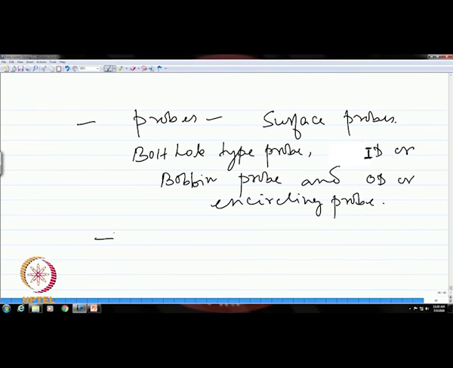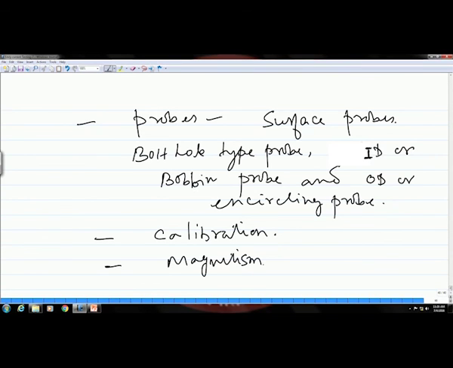We also learned about the calibration of the eddy current probes and the instrument, and finally, we saw the effects of some of the parameters, and magnetism is one of them, which has a very profound effect on the eddy current response. And then finally, we saw some applications of this particular technique and its advantages and disadvantages.